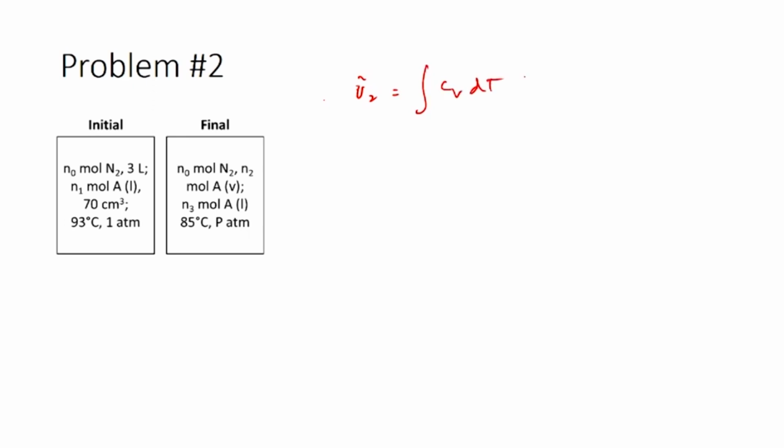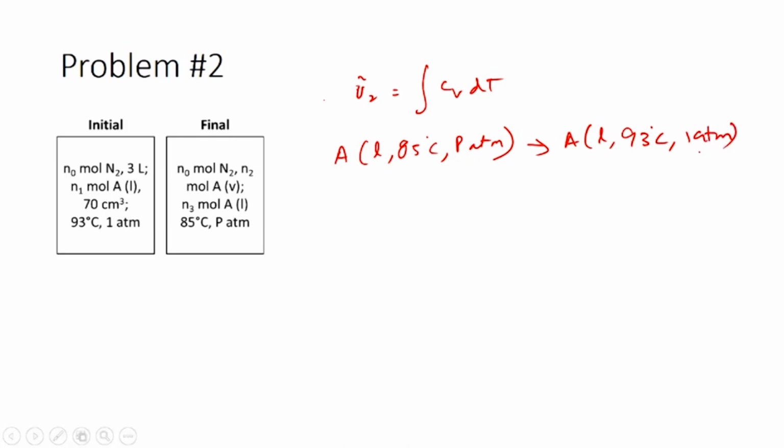So, similarly we can calculate U2 cap as the integral of Cv dT. Again here it is only a process where component A, which is in liquid phase at 85 degrees Celsius and P atmospheres, which is the reference state, goes to A as liquid at 93 degrees Celsius and 1 atmosphere. Again ignoring the effect of pressure, the process is only a change in temperature, going from 85 to 93.